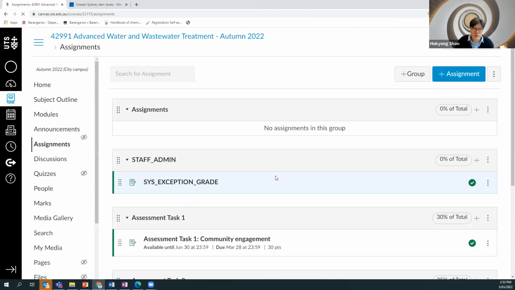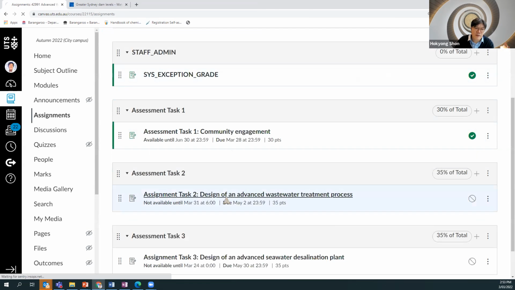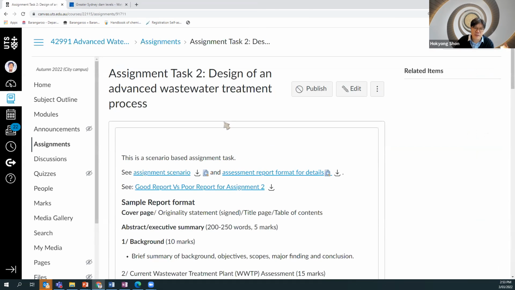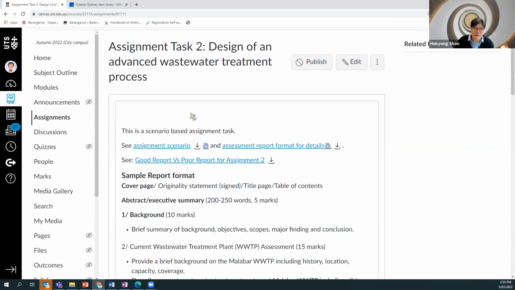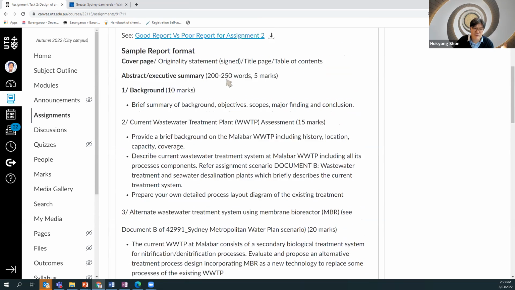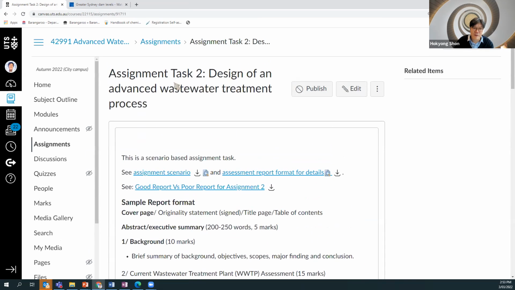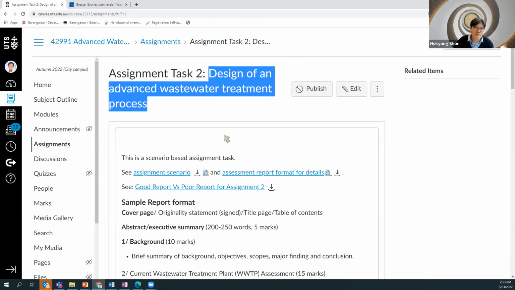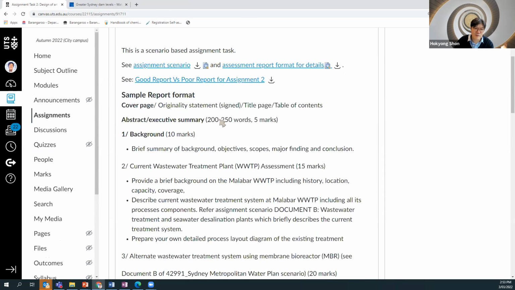And we also have your design of wastewater plant. But today I don't want to cover everything, because now you can focus on Block 1. Block 2 can be done after your first assessment. But just briefly, mention the design of the advanced wastewater treatment process.